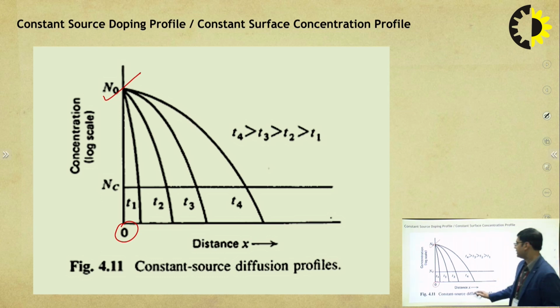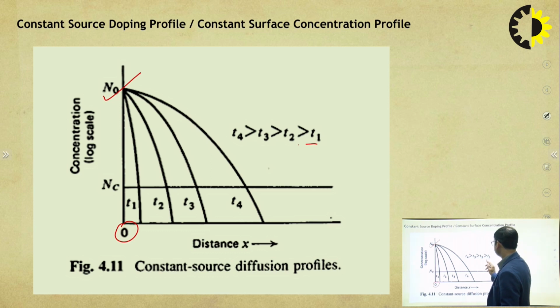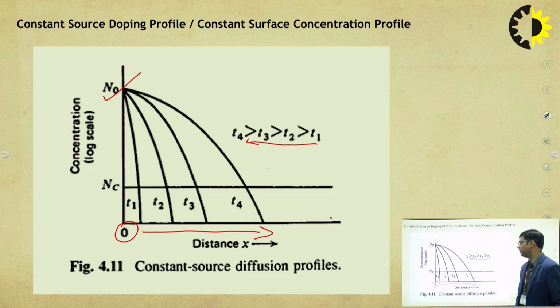And as the time increases, T2 is greater than T1, T3 is greater than T2, T4 is greater than T3, the dopants are moving deeper into the wafer. The more the time, the more diffusion will happen, and the dopant atoms will move further into the wafer.